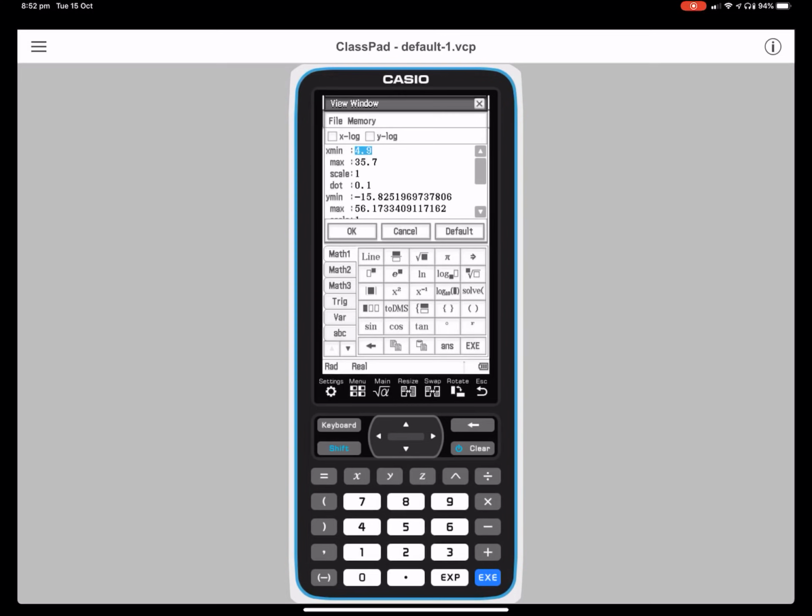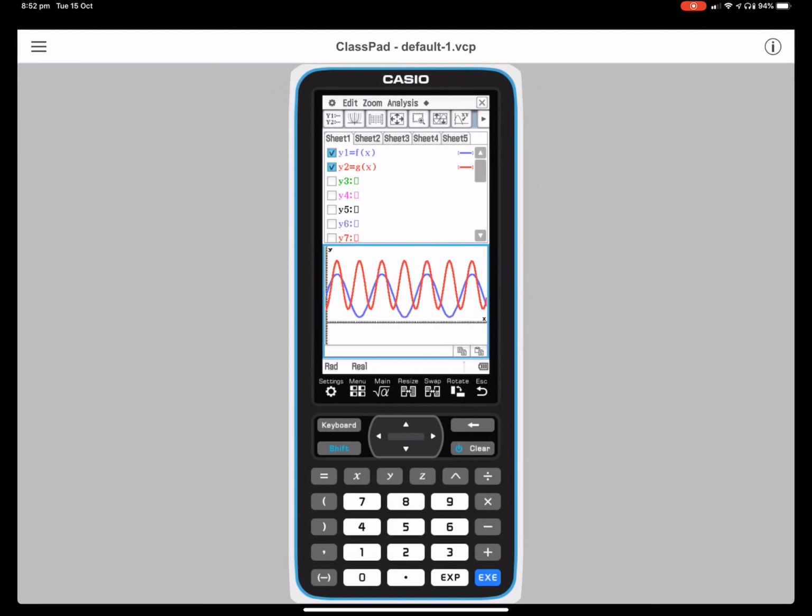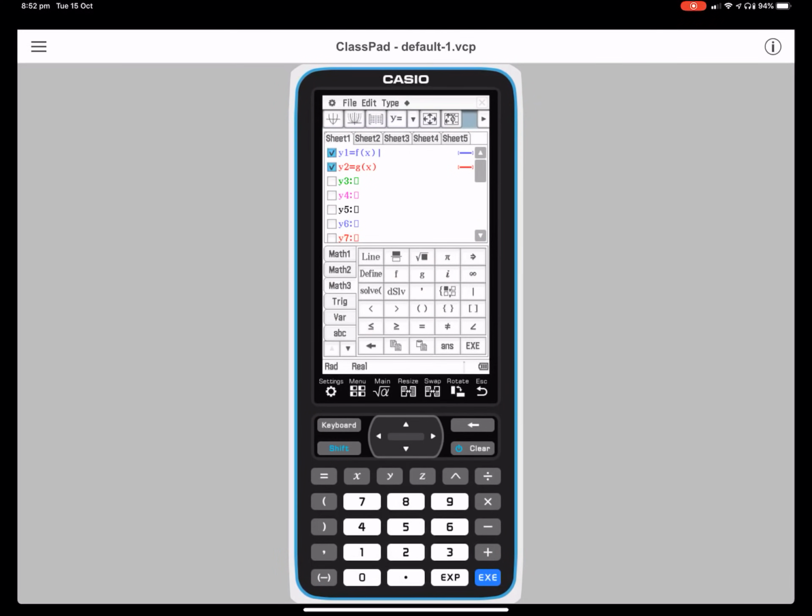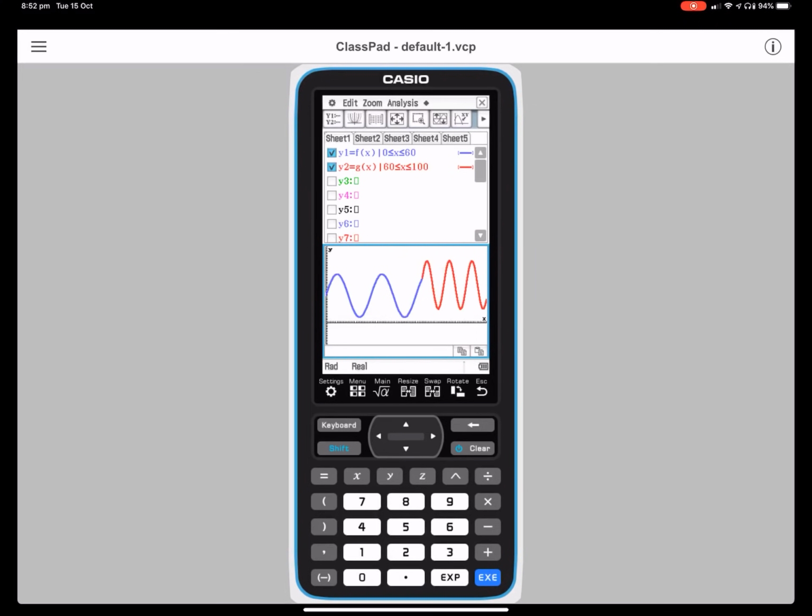Let's go from 0 to like 100, because we know what 60 is when they're supposed to join. So we say here, given 0 is less than or equal to x, which is less than or equal to 60. And then here we say the same thing, but we go from 60 to 100. Okay, so they've got the same value there.